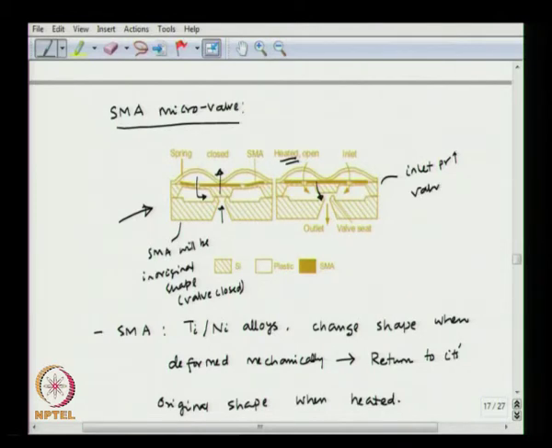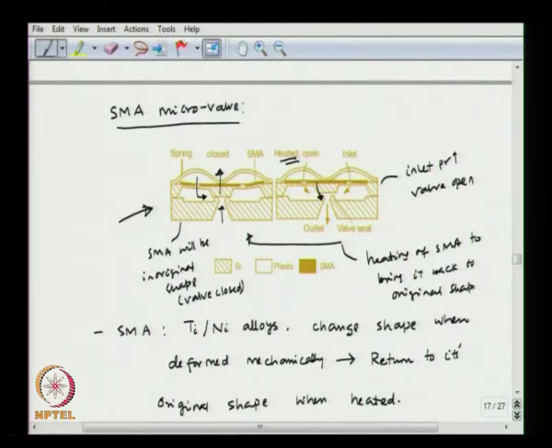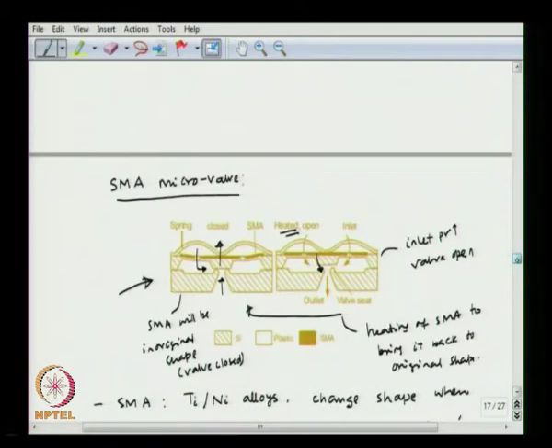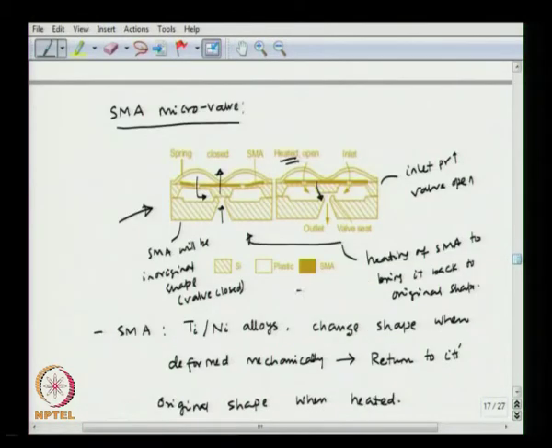So, valve open. Now, if we again want to close the valve, then we need heating of the shape memory alloy to bring it back to original shape. So, that is how shape memory alloy based microvalves work.